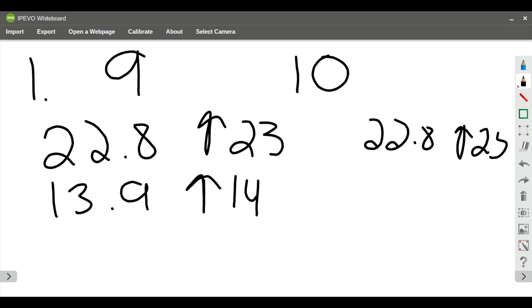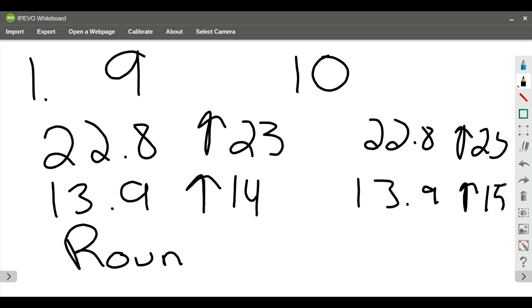And then 13 and 9 tenths, I rounded up to 15. So it asked which one is going to be closer to your answer. The answer is going to be rounding. And the reason why rounding is going to be closer to your actual answer, and notice I did this without any addition and subtraction, is that I rounded to the nearest whole number. Rounding is going to be more exact.